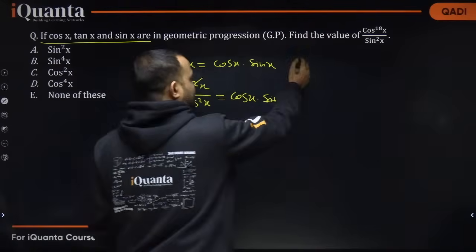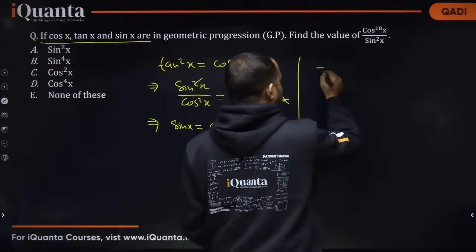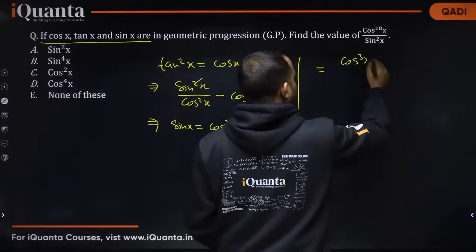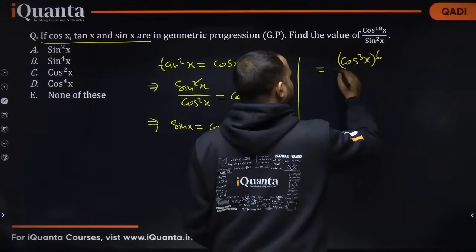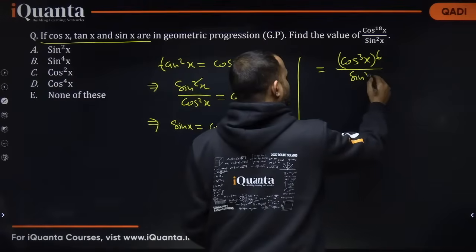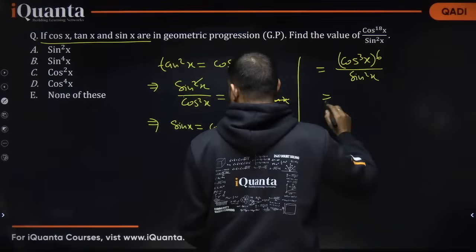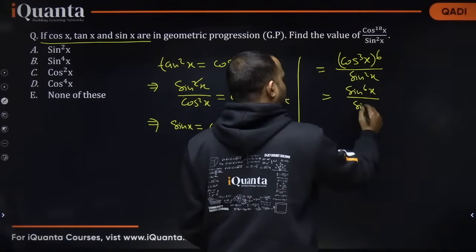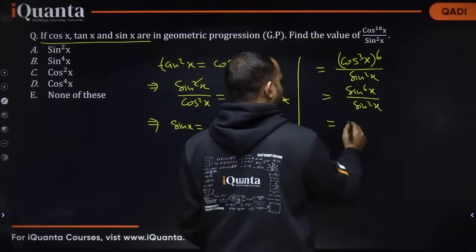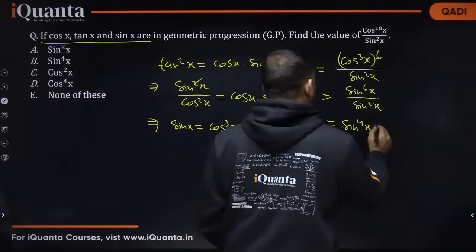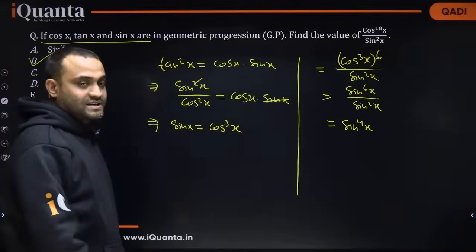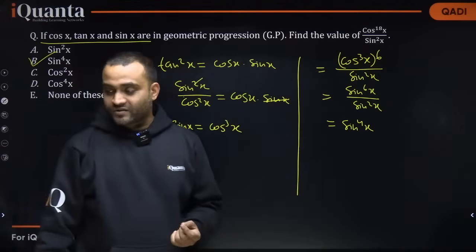The value that is given here, cos 18x, that can be written as cos cube x to the power 6 divided by sin square x. This I can put sin x, so sin to the power 6 x divided by sin square x, which will be sin to the power 4 x. So option B is the correct answer. Basic trigonometry, right?